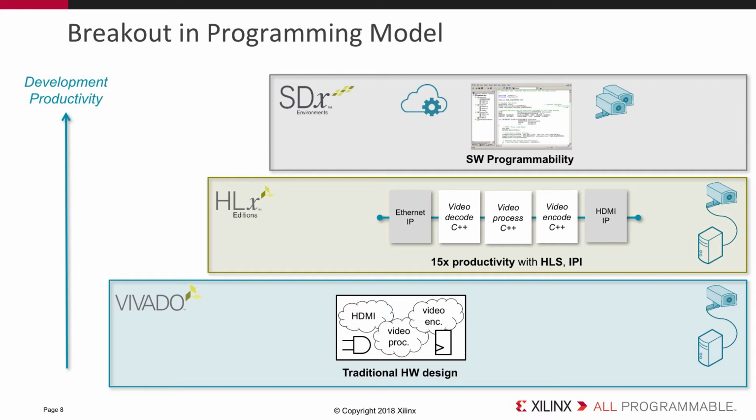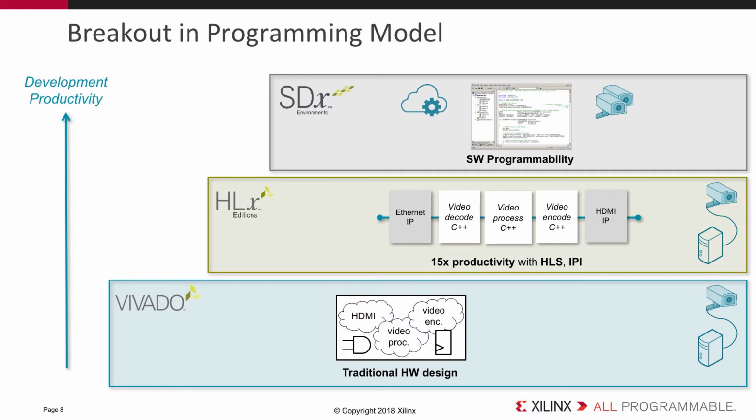But at the same time, we were working on building higher level tools. HLx, which was released about a couple years after Vivado, basically enables hardware developers to develop functions in C and then package them and drag and drop them into IP Integrator and connect them to each other and connect them to connectivity IPs, IP subsystems.